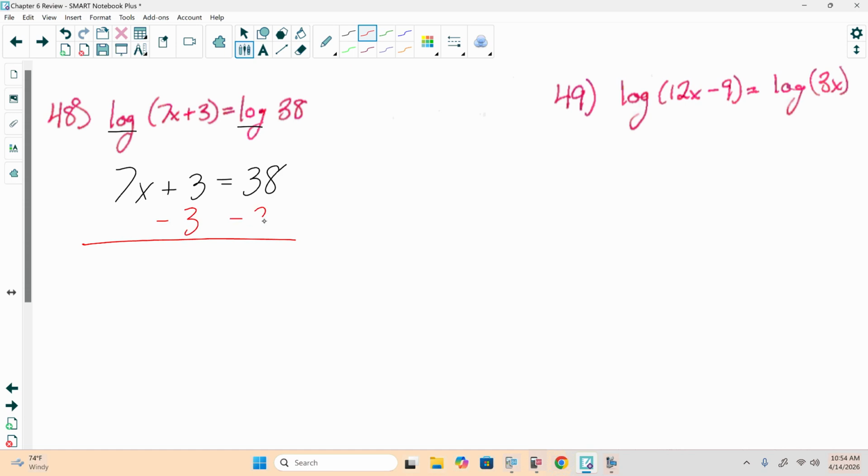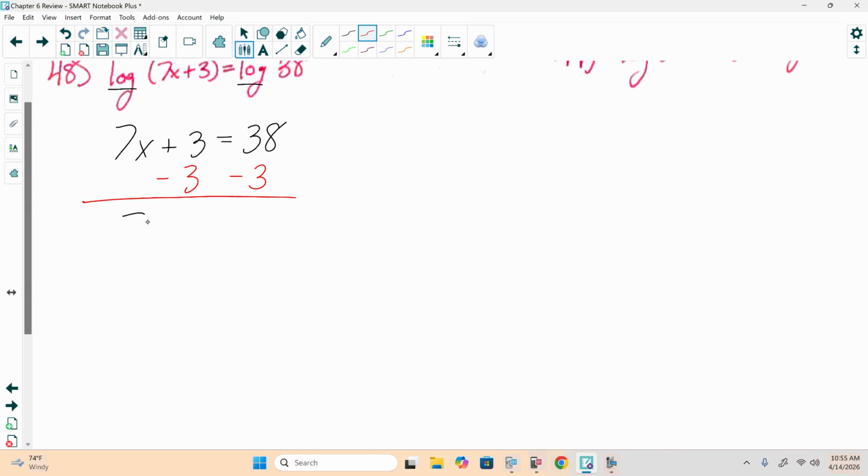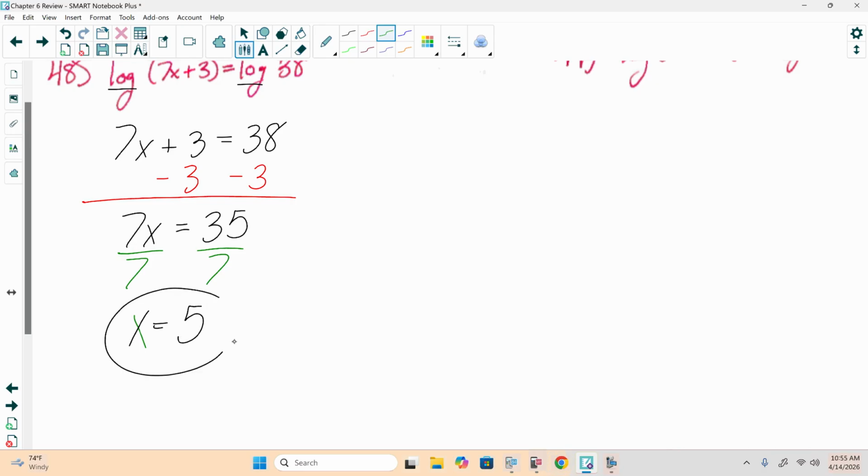So the first thing I would do is subtract 3 from both sides, telling me that 7x is equal to 35. Divide both sides by 7, telling us x is equal to 5. Any other questions on 48?